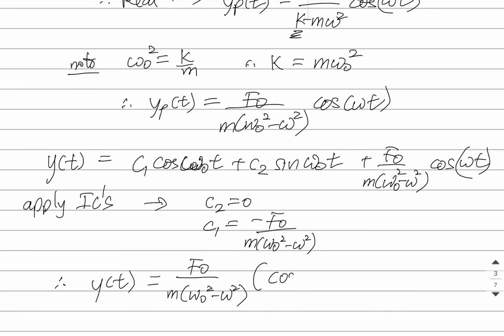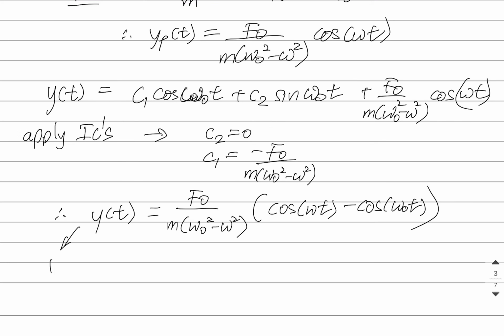And then we have this difference here, cosine omega t minus cosine omega naught t. What is the behavior of this thing? What does it do? What happens as I get closer to some special frequency, the natural frequency?